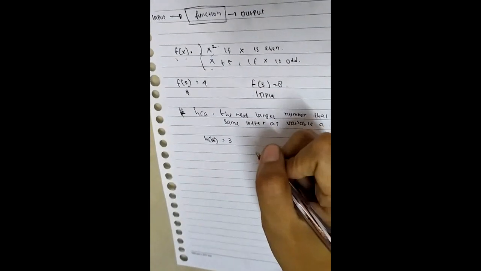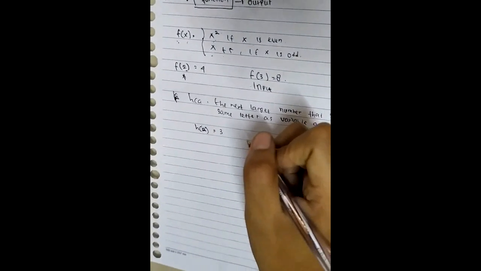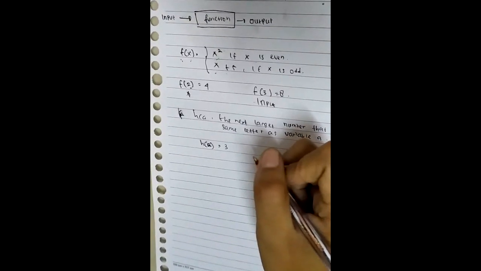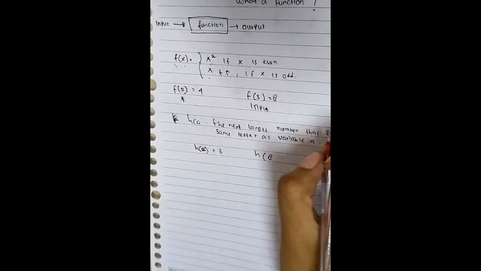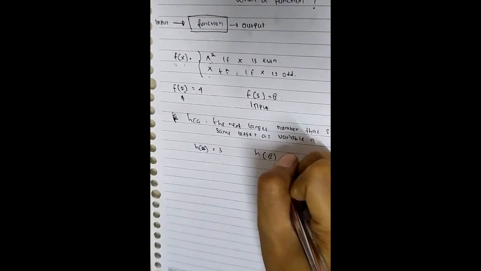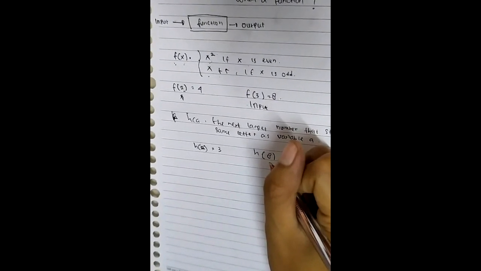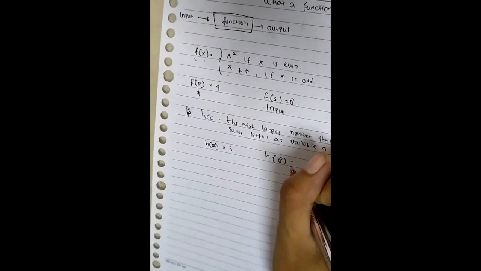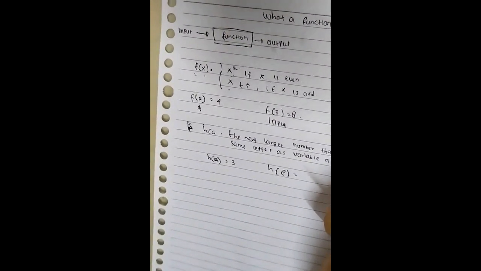Now, what would h of 8 be equal to? 8 starts with an a, and the next largest number that starts with an a is not 9, it would be 11.